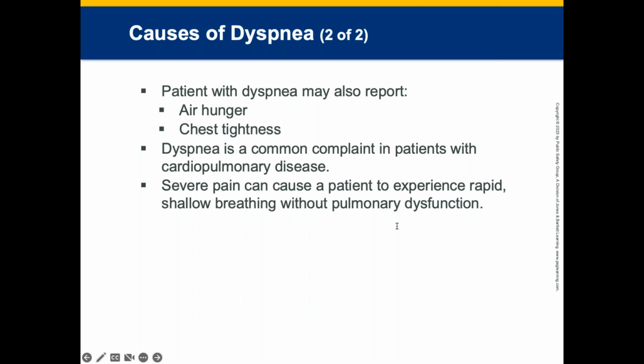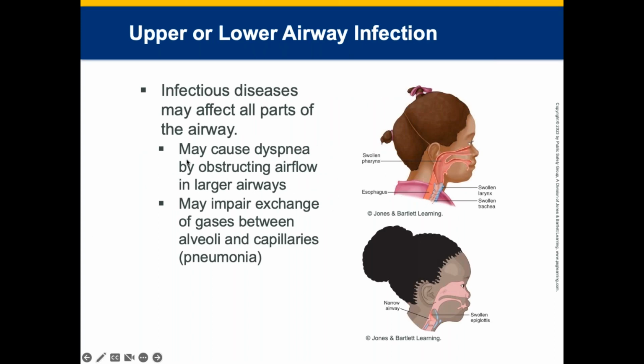So you want to make sure you're doing a good cardiac assessment with a respiratory assessment, depending on the patient's clinical presentation. Right? So upper and lower airway infections. An upper or lower airway infection is an infectious disease that may affect all parts of the airway.